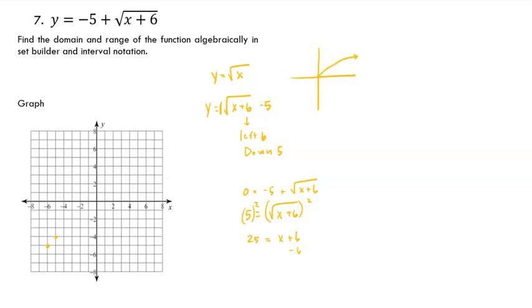And then minus 6, x equals 19. Oh, that's not going to fit. So 19 comma 0 doesn't fit.